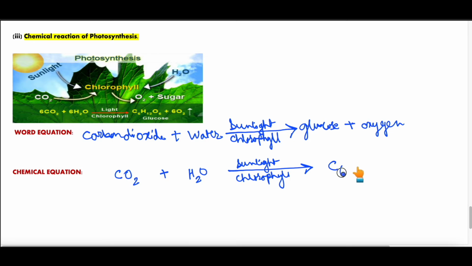So the formula of glucose is C6H12O6 plus O2 for oxygen.